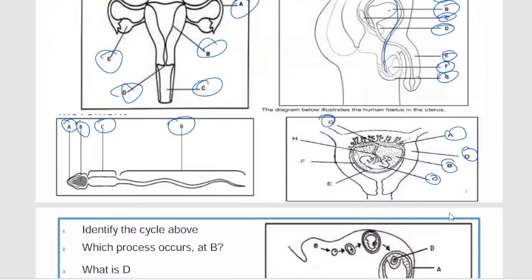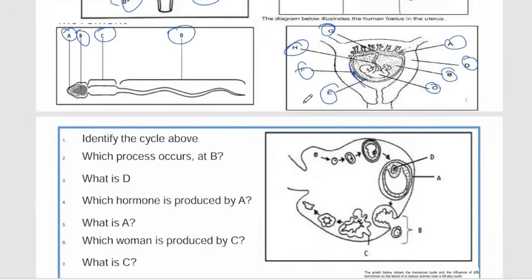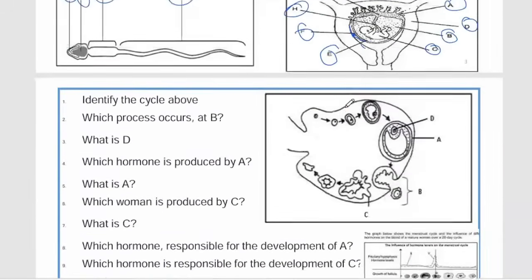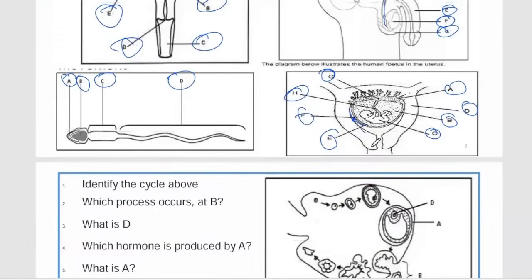This is the fetus, and then this looks to be the chorion, and then this looks to be the endometrium. Yes, and the endometrial wall, and then this is what we call the umbilical cord. Yes, so you need to know that, and also need to know what happens during the fertilization process here.